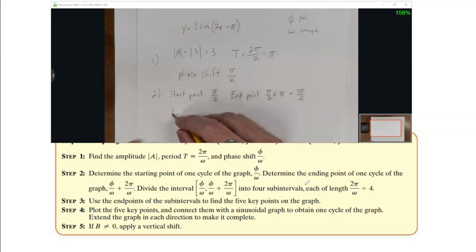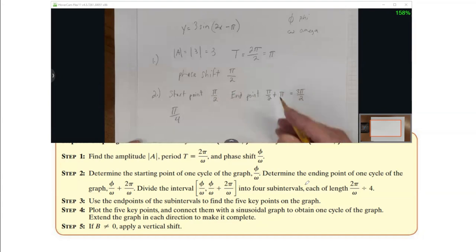So if I take pi and divide it by 4, this is the distance between the key points. We know that we start at the key point pi over 2, and if we count by pi over 4s, the 5th point is going to be here, and we'll have the key points in between. So we'll start at pi over 2, count by pi over 4s until we reach 3 pi over 2, which takes us through one whole cycle.